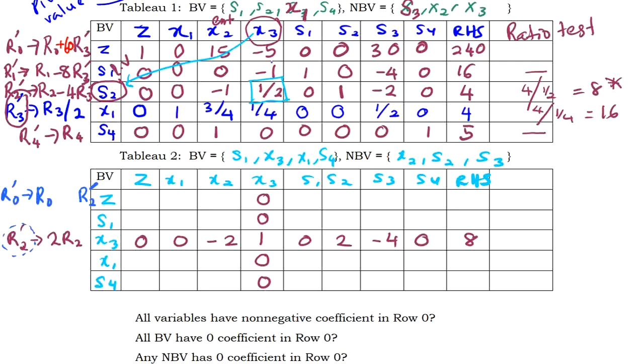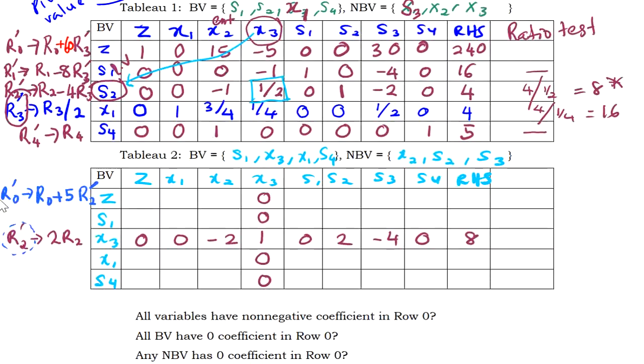So because in here it's negative 5, therefore positive 5. So for row 0, by using this formula, we get 1, 0, 5, 0, 0, 10, 10, 0, 280.